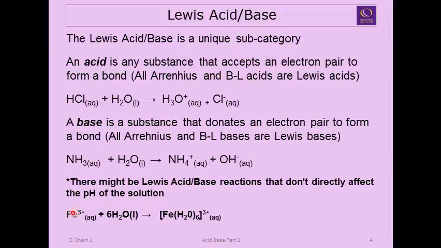And the electron acceptor is the iron 3 plus ion, which makes it the acid. And once again, this particular reaction, as drawn right to this point, has not affected the pH of the solution. Now later we'll learn that this iron hexa-aqua complex can therefore move forward and make the water acidic through a different pathway, which we'll talk about here in a second.